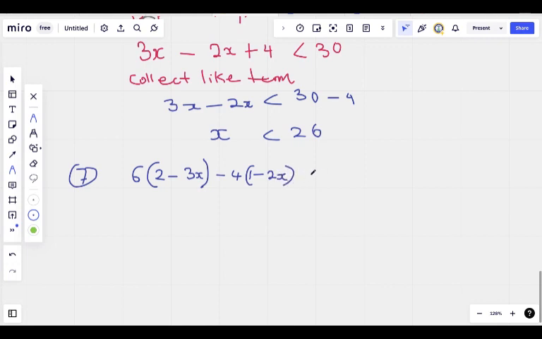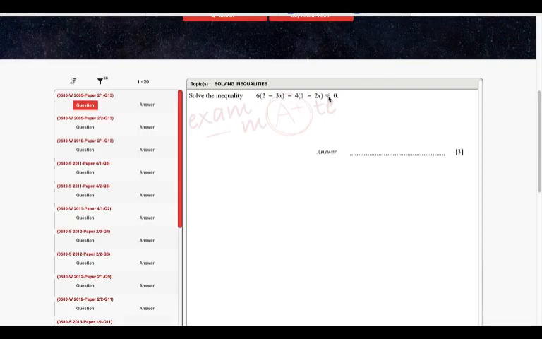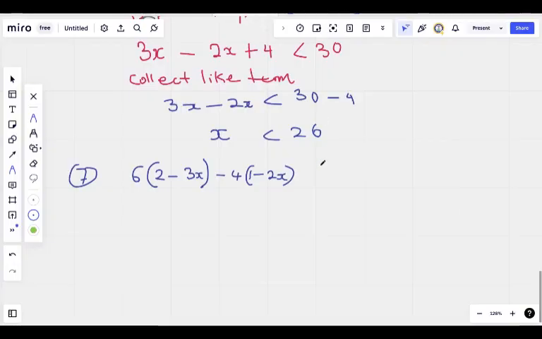We close the bracket, is less than or equal to 0.